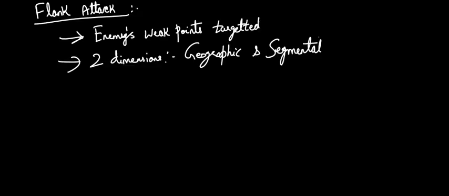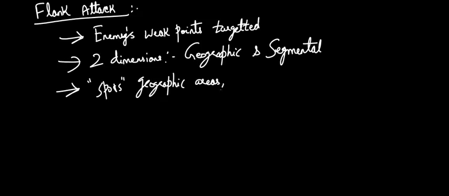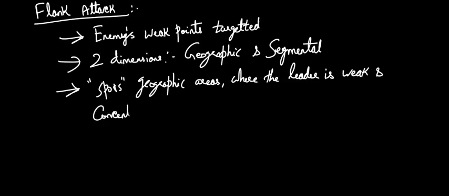In a geographic flank attack, as the name suggests, the challenger spots geographic areas where the competitor is weak, where the market leader is weak, and concentrates on those areas to gain more competitive advantage in those particular areas.